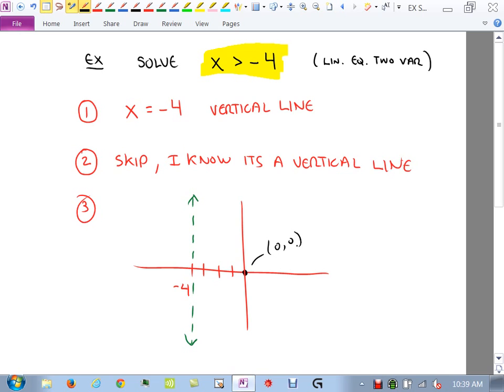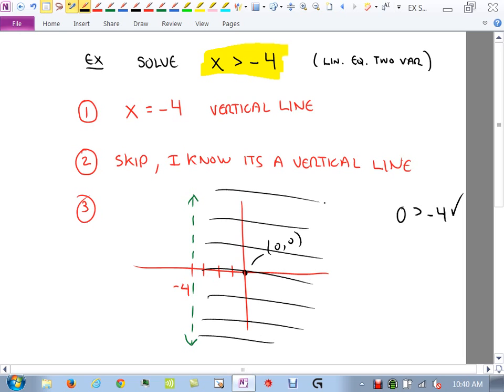So that is true. 0 greater than -4, that is true. And therefore, I shade everything on this side. I'm going to let you go, but what if that had said y is greater than -4? It would have been a horizontal line instead of a vertical line.